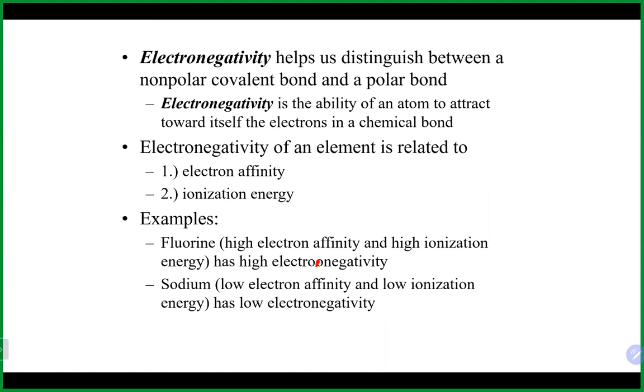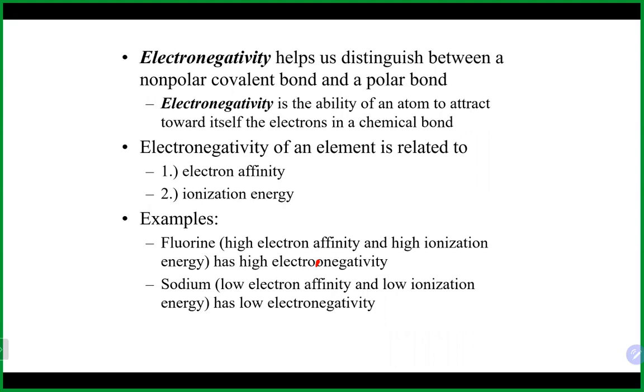Electronegativity is based on electron affinity, which is the energy change that occurs when somebody gains an electron, and that increases as you go up the periodic table and to the right, decreases as you go down and to the left. And ionization energy, which again is the energy required to remove an electron from an atom in the gas phase, increases as you go up and to the right on the periodic table and decreases down to the left.